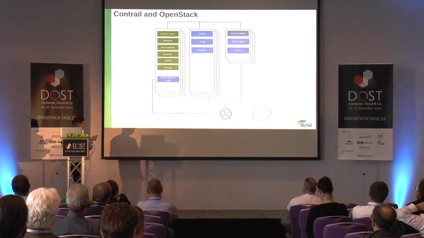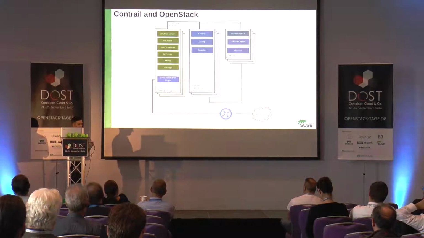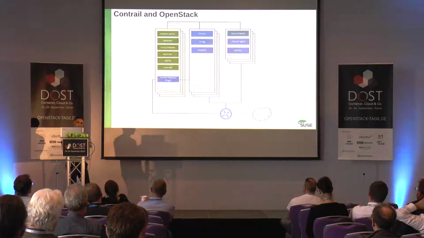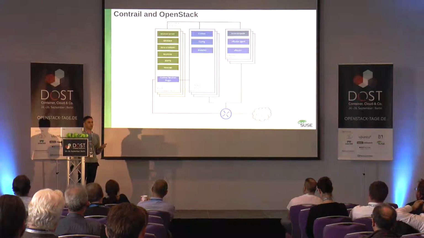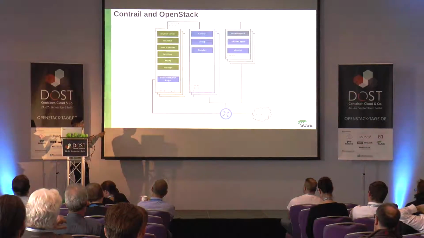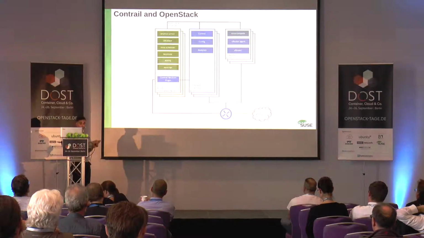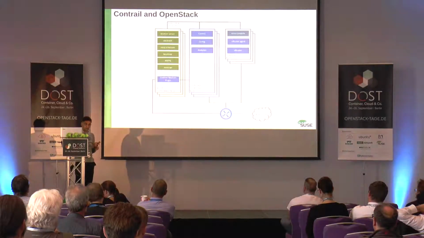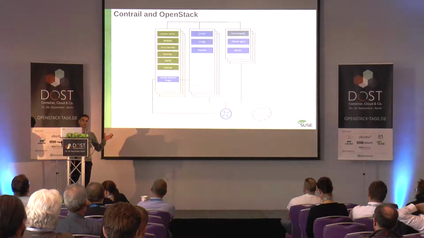Now, Neutron is the default SDN of OpenStack. With Contrail, you basically remove that control plane out of your OpenStack and run it separately outside. So if you see here, I don't have any network node now. All I have is the Contrail controller node. How does OpenStack then communicate with this external controller?